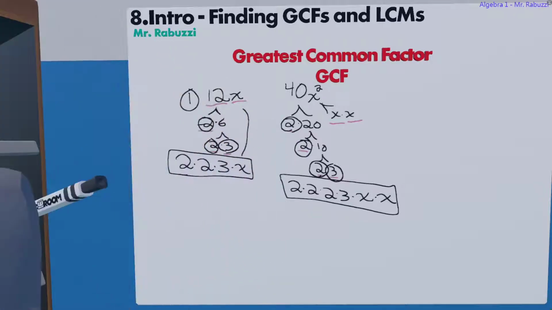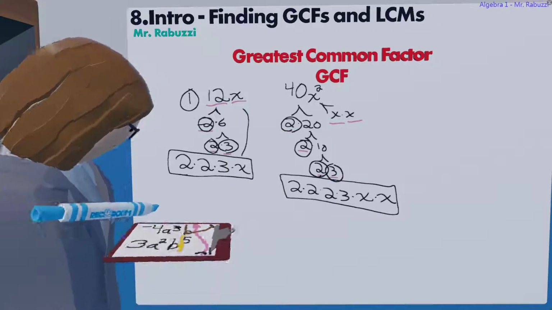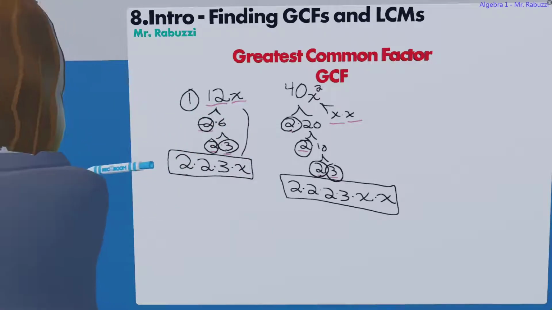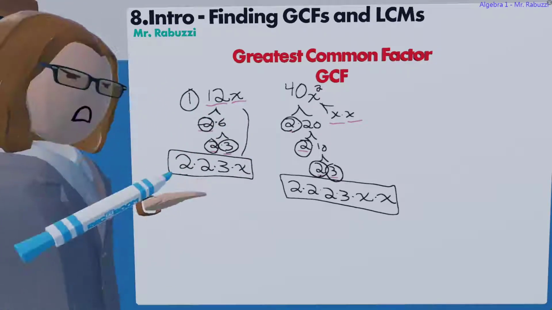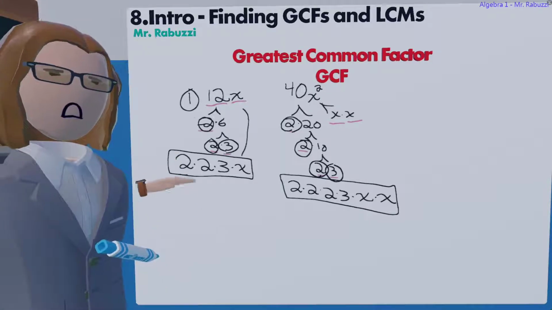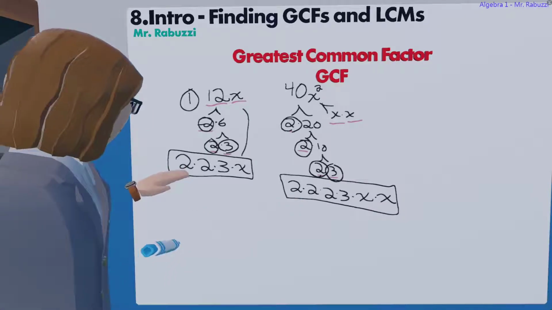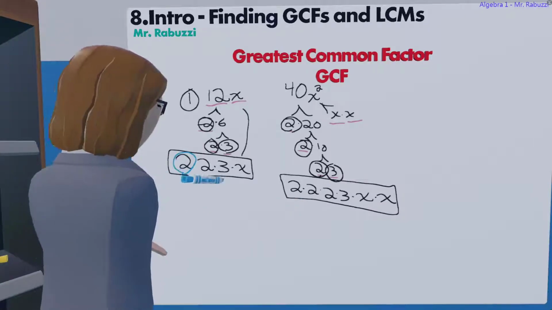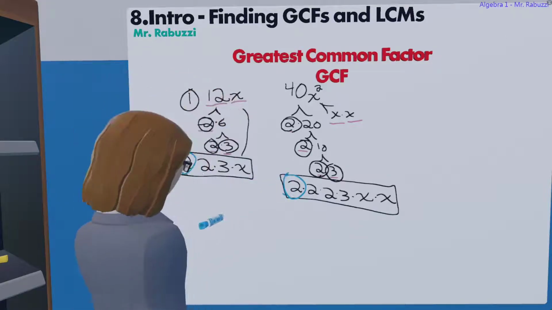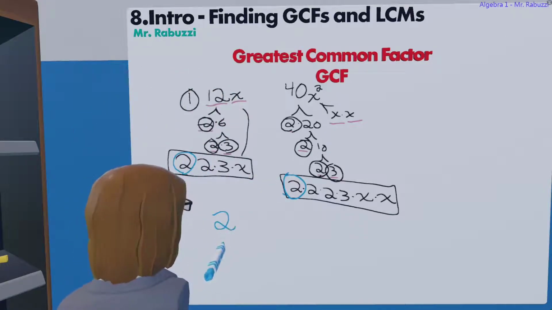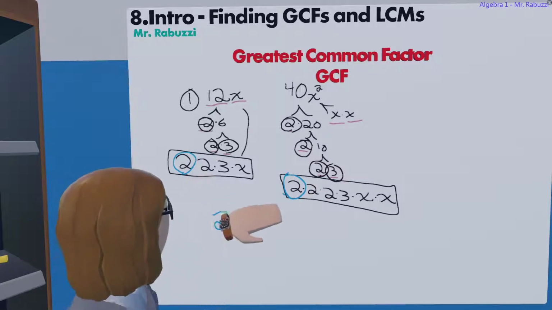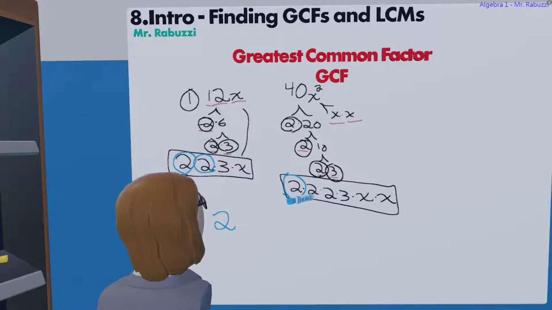Okay. Now we have to just compare the 2 answers. All right. In blue, I'm going to circle if the number is here and here. Okay. 2, there's a 2 here and a 2 here. All right, that's one common. Then there's a 2 here and a 2 here. Okay. So we got another 2 in our answer.